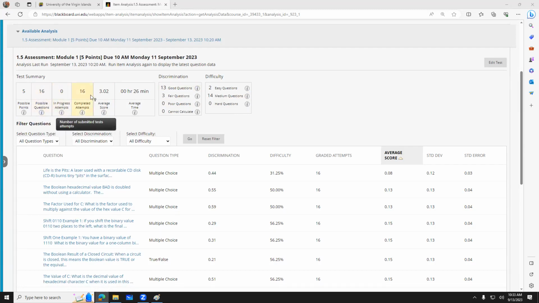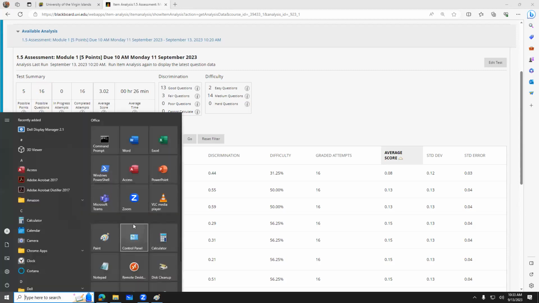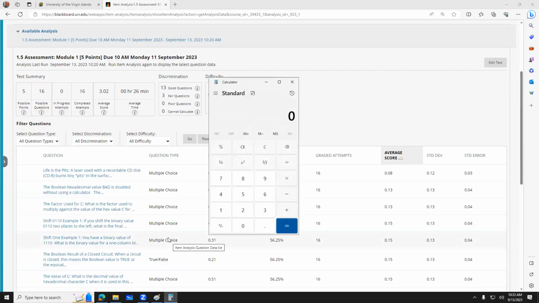What you'll see is that the average score is a 3 out of 5. So if everyone gets all the items correct, 3 out of 5 is what, as far as a percentage? So 3 divided by 5 is 60%.